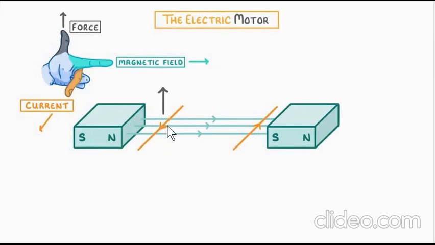As you can see, the current in the first wire is coming outward from the screen, and this current is inward in the screen, right? So if you change your left hand according to the direction of the current, you will notice that the force direction will also be opposite. So this wire will experience the force downward, opposite to the first wire.